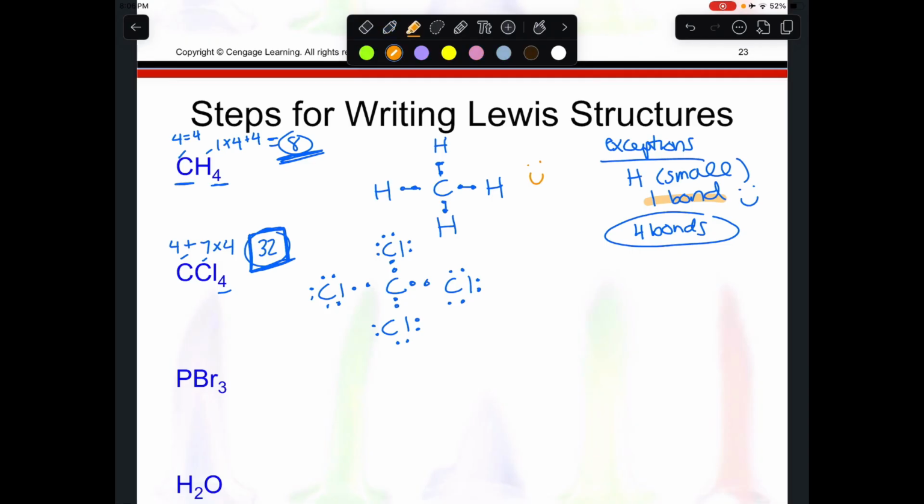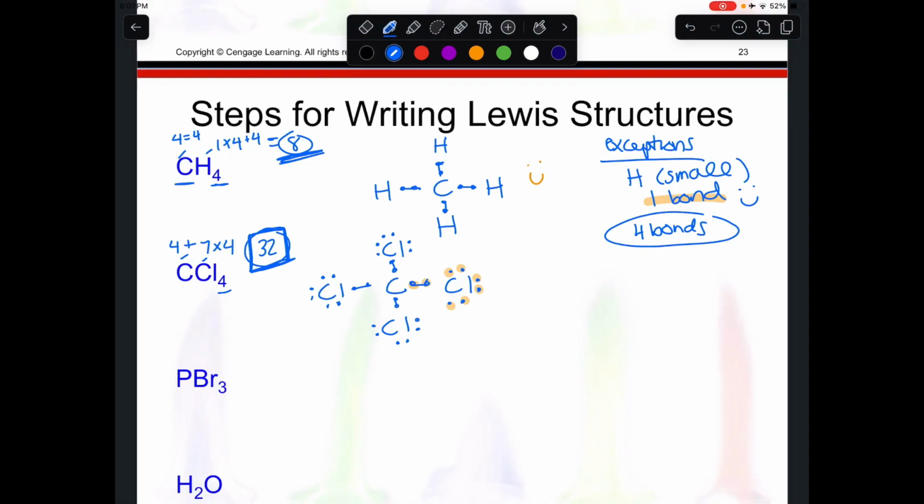So let's do a quick check here. Again, everything wants 4 bonds or 8 electrons around it, except so far hydrogen. So carbon is happy, 1, 2, 3, 4 bonds. And let's check one of the chlorines because they're all the same. 1, 2, 3, 4, 5, 6, 7, 8. So remember, when it's a bond, which I'm going to make direct lines here, they are made up of 2 electrons. So everything is fulfilled, and I have utilized all my electrons.